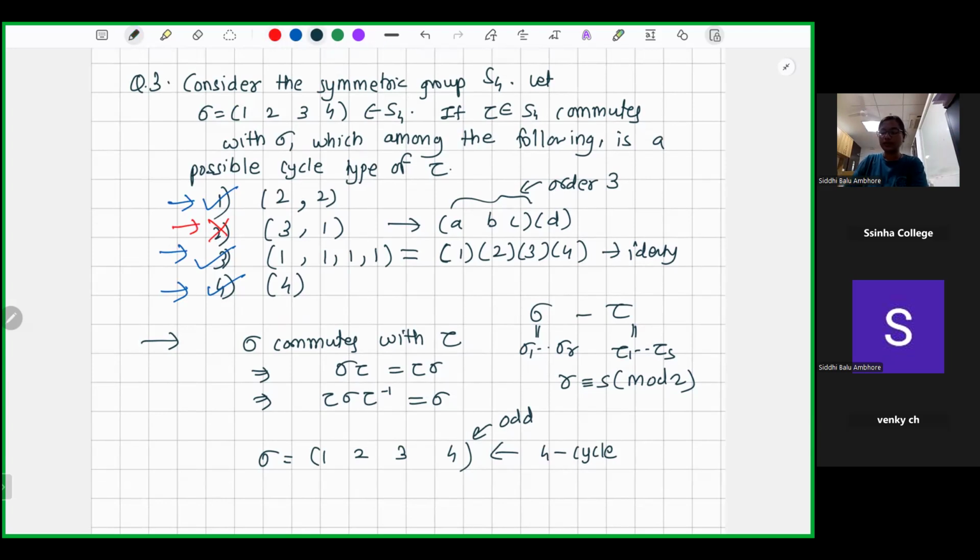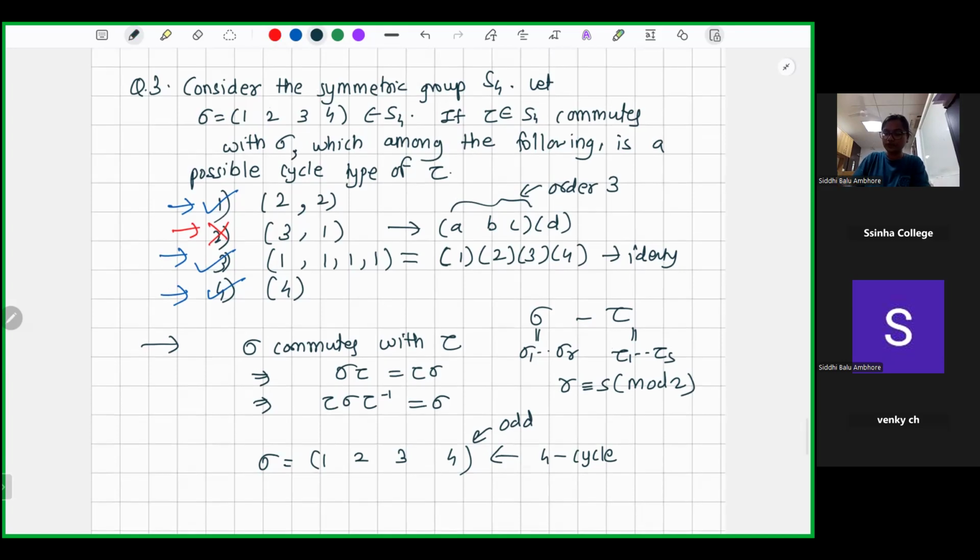Is this okay? There are many theorems proved in the lecture which help you understand all these questions here. Any doubt here?